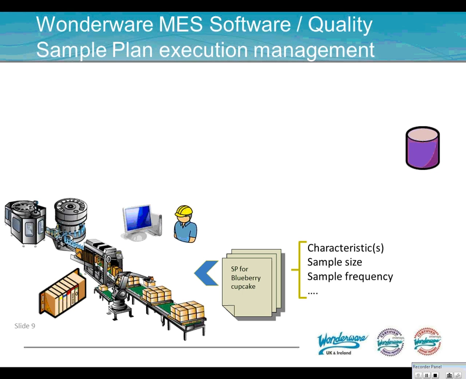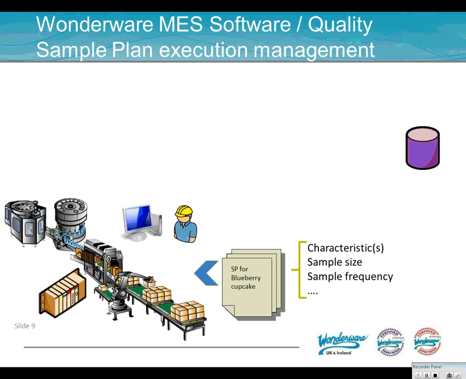So the sample plan that's generated will contain details of the characteristics that need to be measured. So it might be brix or pH or whatever it is. The sample size, so for a particular sample reading there might be a number of separate measurements that have to be made, and then you would take an average of those measurements as being the overall sample value.